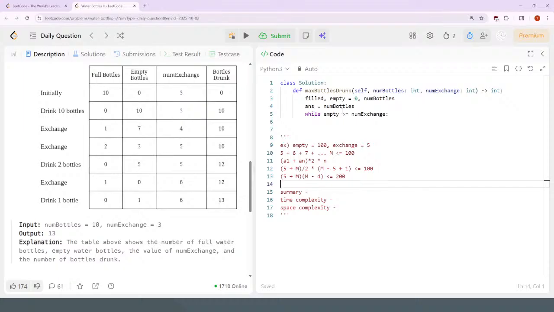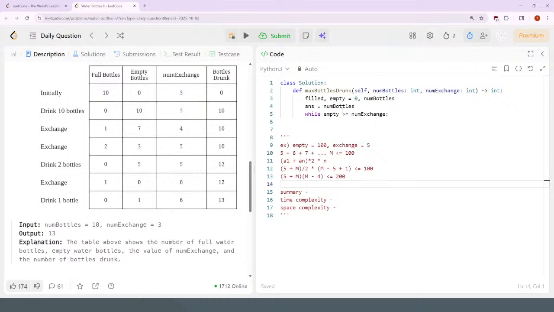I wonder. 3, 4, 5, 6. I mean, the most it could possibly do is, if it increases at 1, it can cap out at the number of full bottles, I guess.